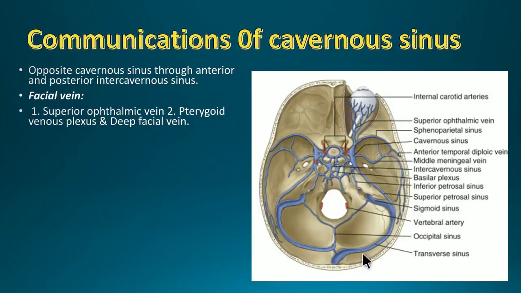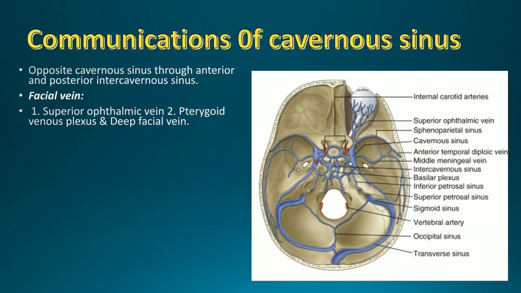Then what are all the other communications? Superior petrosal sinus to the transverse sinus. So there is communication between the cavernous sinus and the transverse sinus through the superior petrosal sinus. Then through the internal jugular vein via the inferior petrosal sinus, one, and the other one is the plexus around the internal carotid artery.